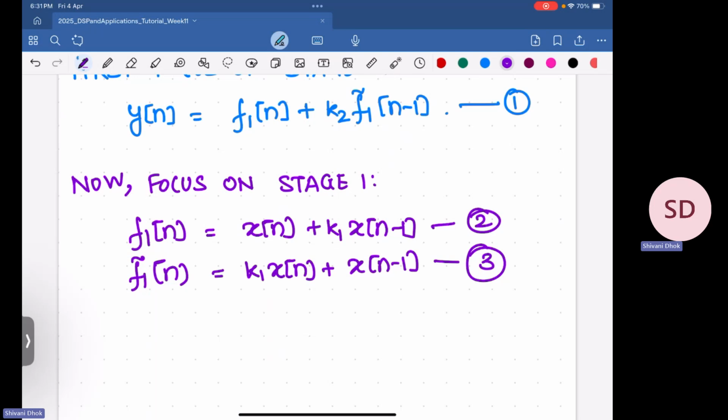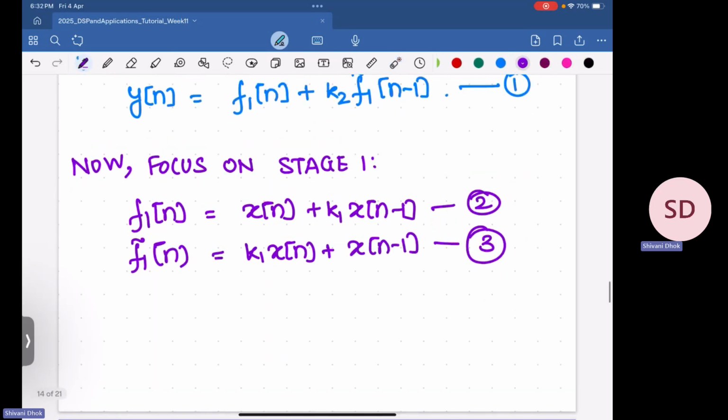Now we have f1 and f1 tildes in terms of x of n, and this y of n we have written in terms of f1 and f1 tildes. But now we want relation between this y of n and x of n. So what we will do? Now we will substitute equation 2 and 3 in equation 1. So let me write it down.